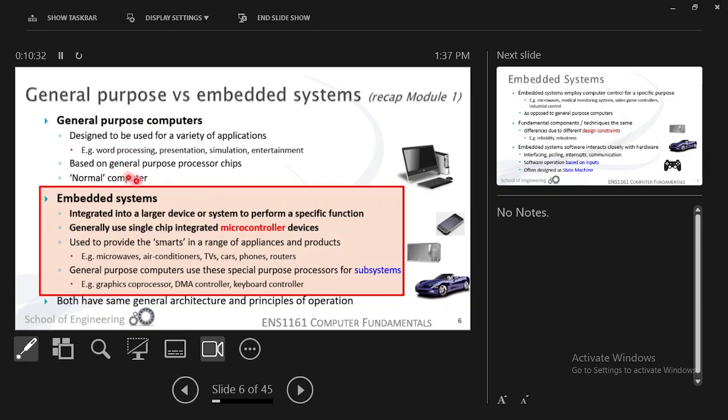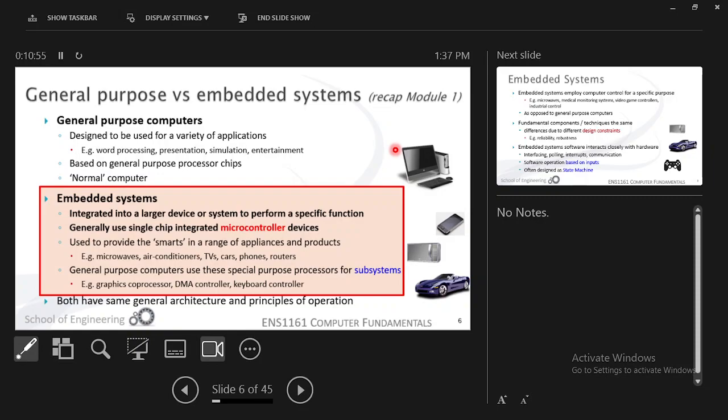I think you can remember the general purpose computers, designed to be used for a variety of applications, word processing, presenting, simulating, entertainment, and so on, based on general purpose processor chips. These are just general computers that we use day to day.